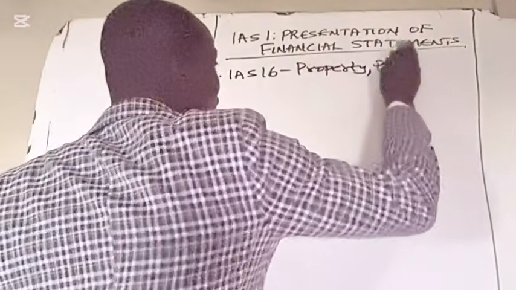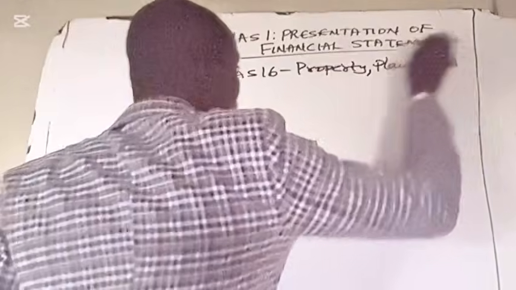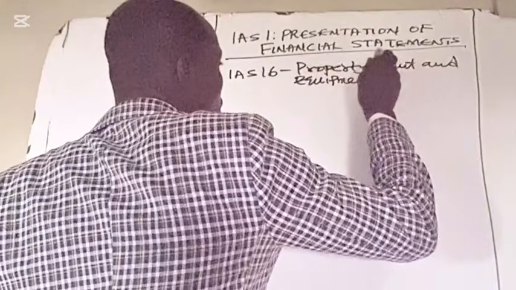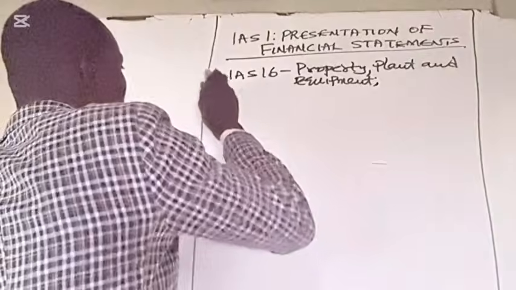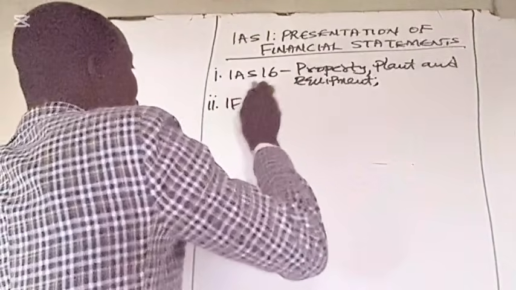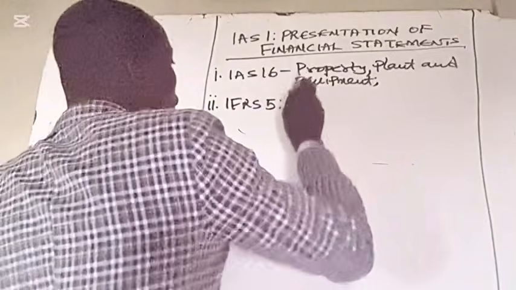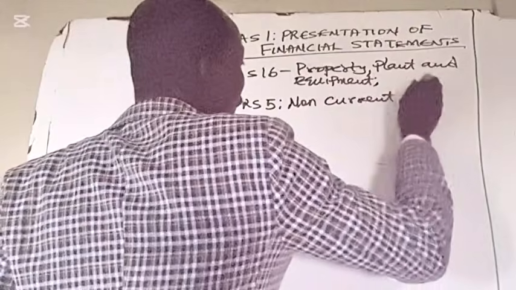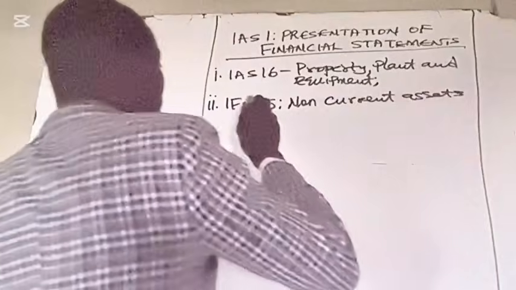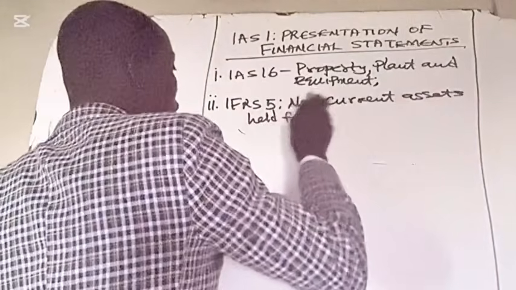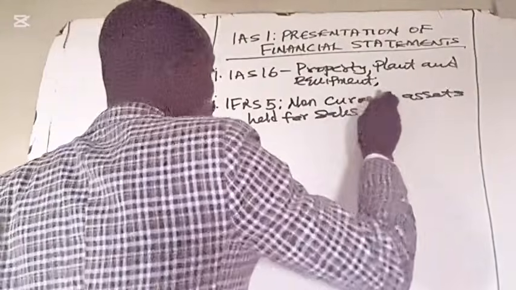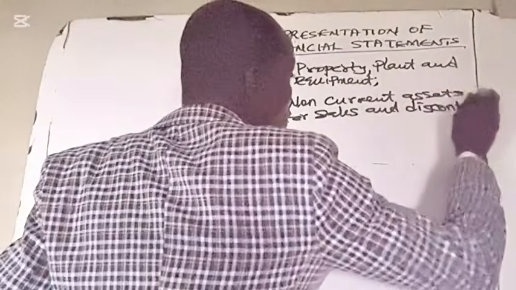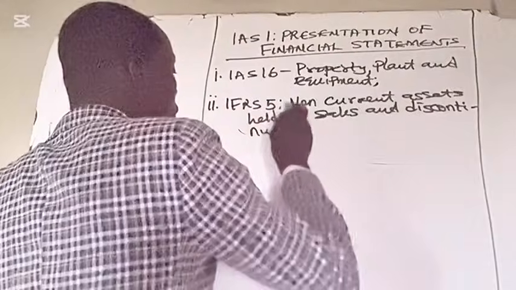Number two, IFRS 5, non-current assets held for sale and discontinued operations.